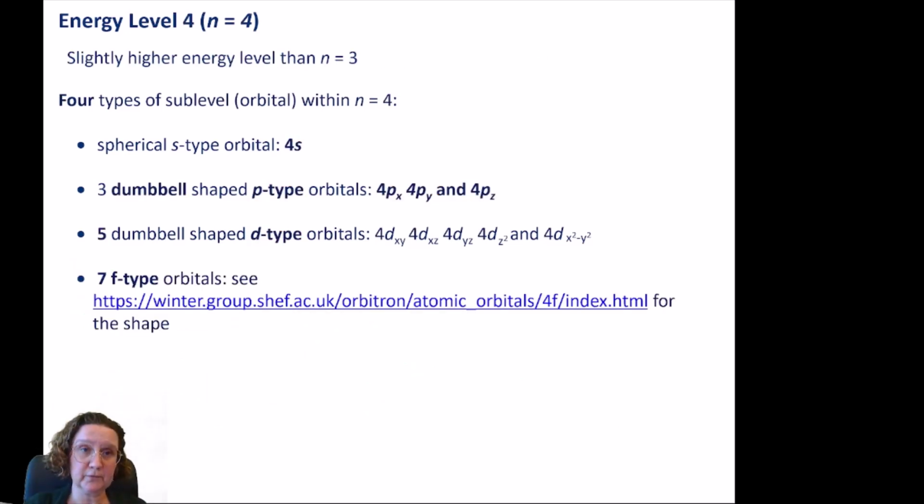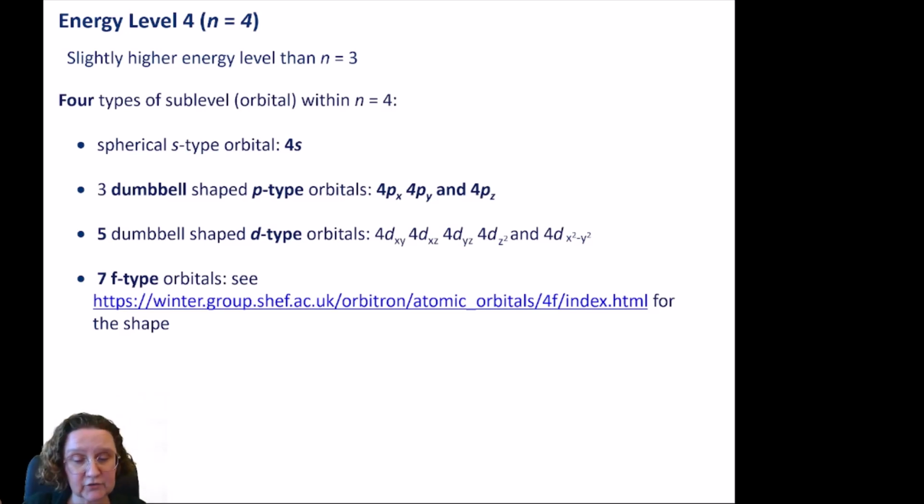Energy level 4, again, slightly further away from the nucleus, and slightly higher in energy. You have 4 types of sublevel. We have 4 types of orbitals: the S, the 3 p orbitals, the 5 d orbitals, and you have a new type of orbitals, the F type, and there are 7 of them.